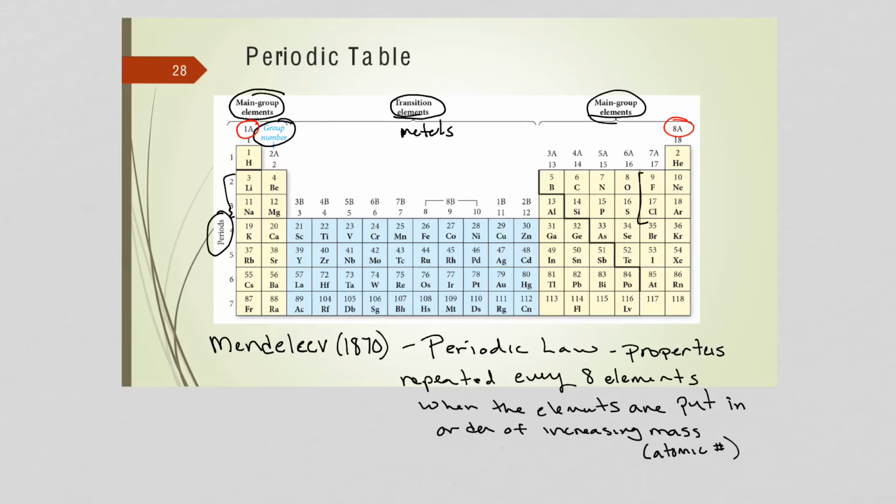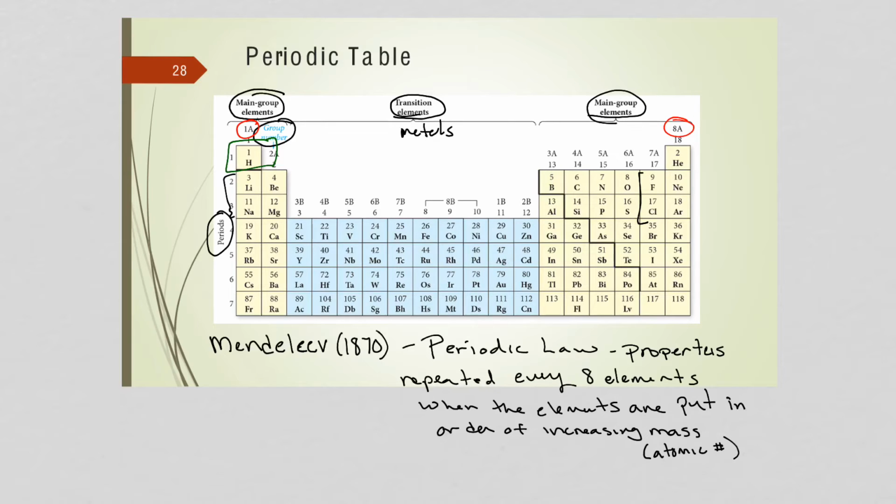Now I will make special note here of hydrogen, because while traditionally hydrogen is put in group 1, it doesn't actually belong in group 1. It doesn't actually belong in any group. It's just traditionally put in group 1, but it doesn't share common properties with the rest of the elements in group 1.